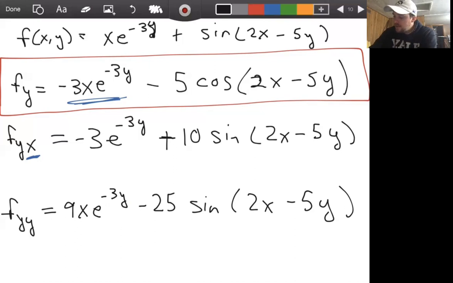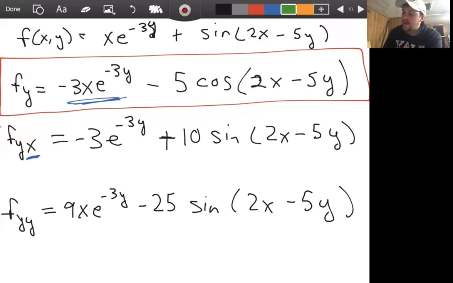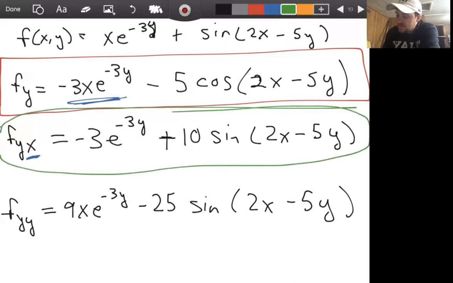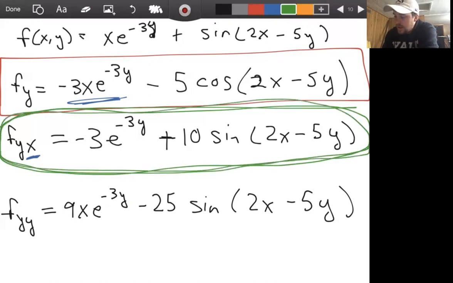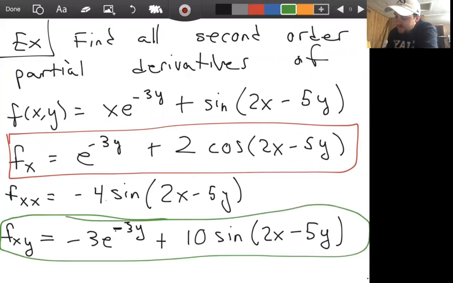Now, I actually want to use my mistake earlier to bring something up. How did I catch that that was a mistake? I caught that because if you'll notice, the second order partial derivative, first with respect to y and then with respect to x, is the same as the partial derivative with respect to x first, and then the partial derivative with respect to y.